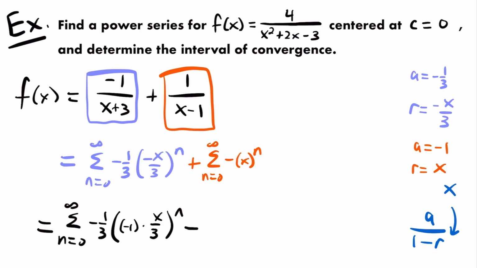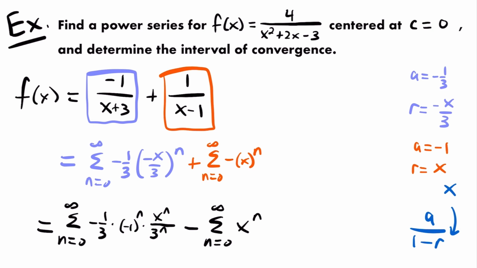So we are subtracting this sum from n equals 0 to infinity of x to the power of n. All right, now in this power series, we can take each part of this quantity to the power of n. So we'll have negative 1 to the power of n, x to the power of n, and 3 to the power of n. And so I'm just going to do that right here. I'm going to erase those parentheses and have negative 1 to the power of n, x to the power of n, and 3 to the power of n.